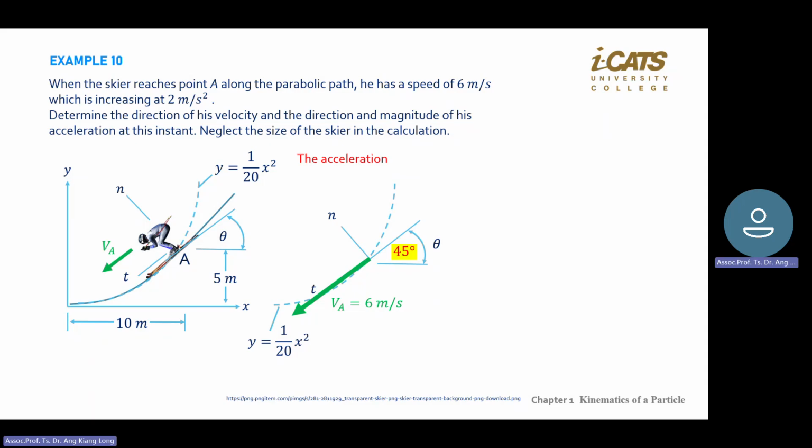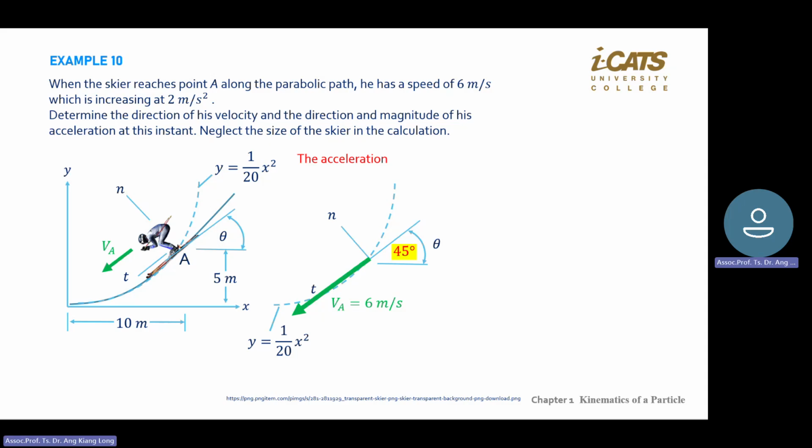This value, 2 meters per second squared. It tells you that he had a speed of 6 meters per second, which is increasing at 2 meters per second squared. It's going down like this. Velocity, tangent, you know. Then this value, 2 meters per second squared, what is the direction? Is it normal or tangent? Tangent. Okay. Just now someone said normal.